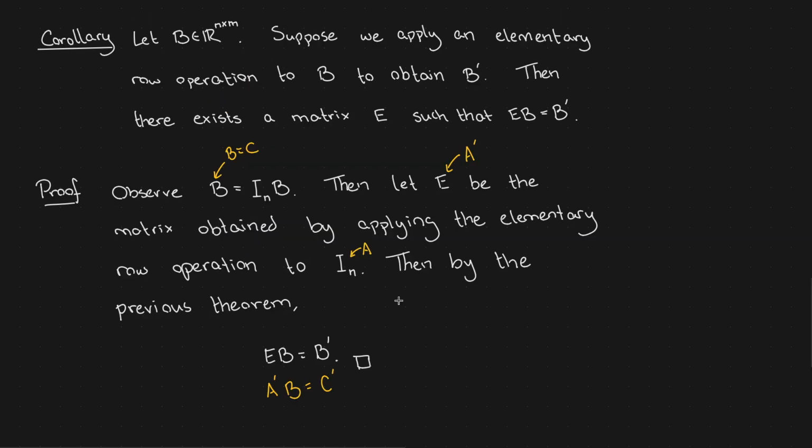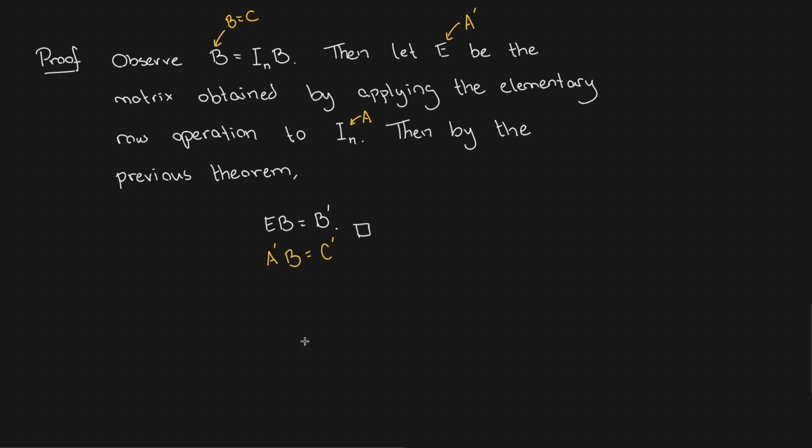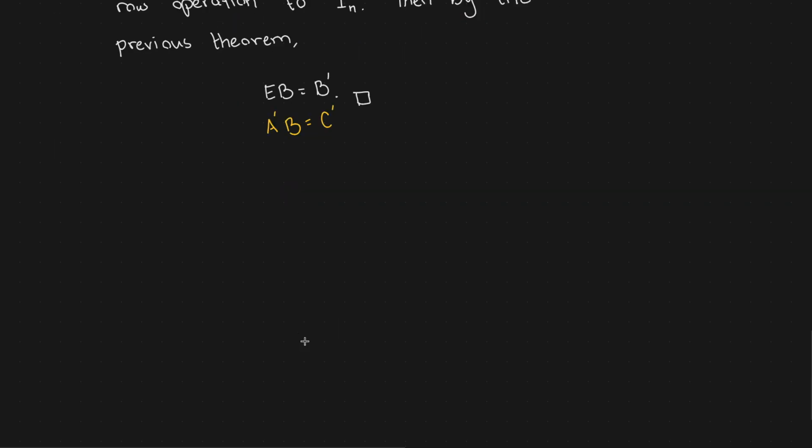All right. So this matrix E here, we get it by just applying an elementary row operation to the identity matrix. This is, in fact, what an elementary matrix is.